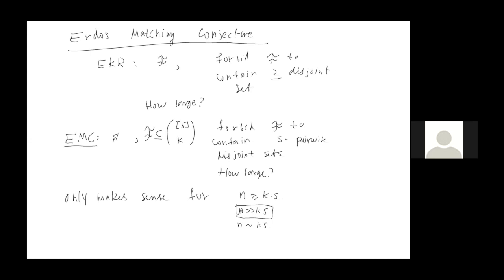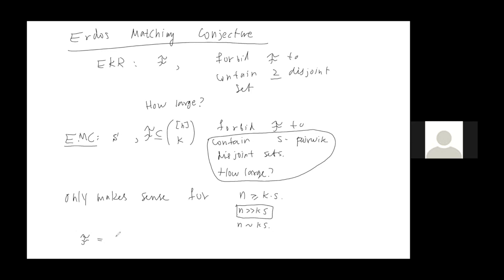Yeah, so how do you generate a family F such that any S sets do not contain such a configuration? How do you generate such a family? Well, here is one natural way to do that.